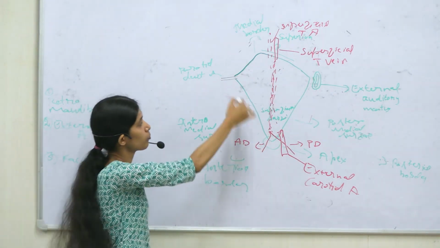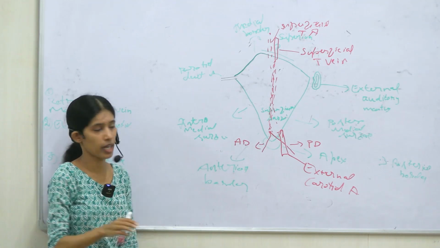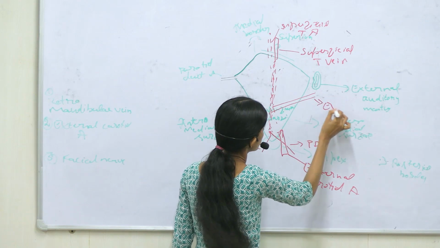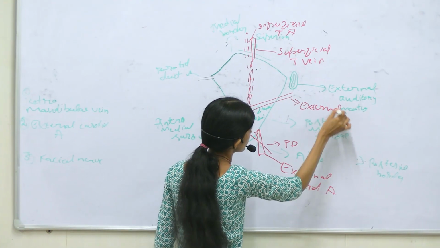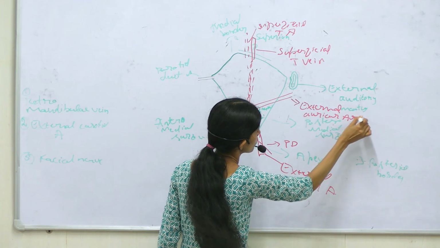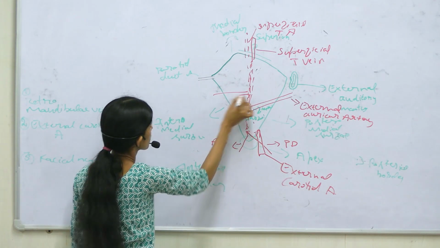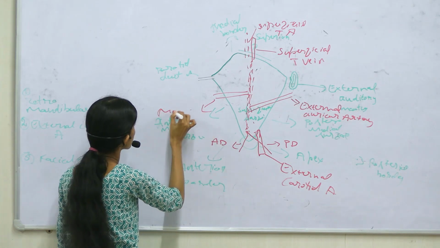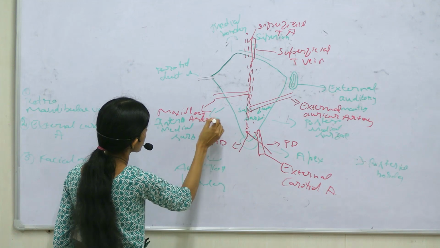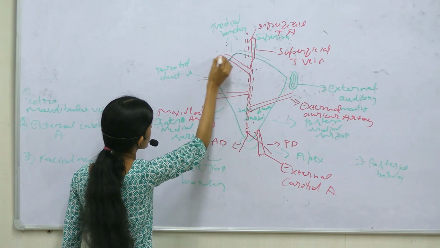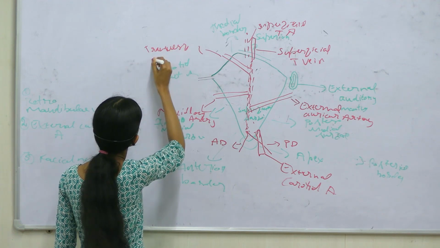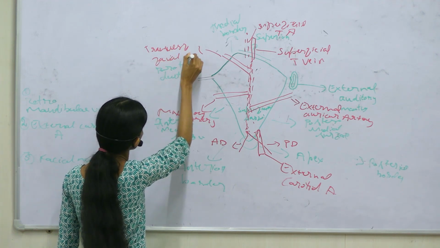Within the parotid gland, it gives three branches. The very first branch is external auricular artery, and another one is maxillary artery, and the other branch is transverse facial artery.